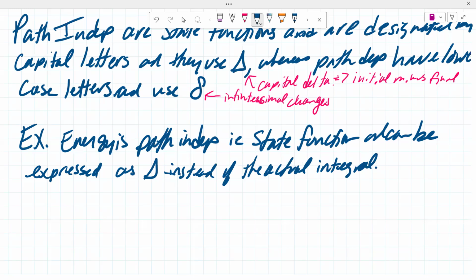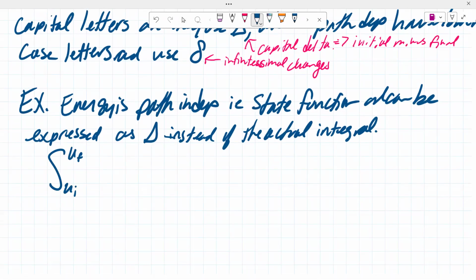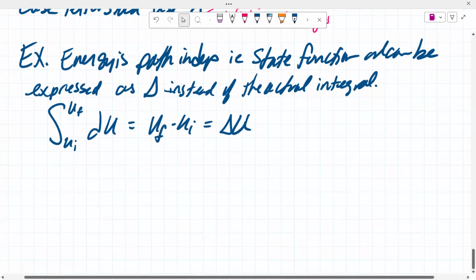How convenient. Being able to use the big delta always means the math is easier. In other words, internal energy, right? Easy function, easy formula. You can just use this. You don't need to do the whole thing.